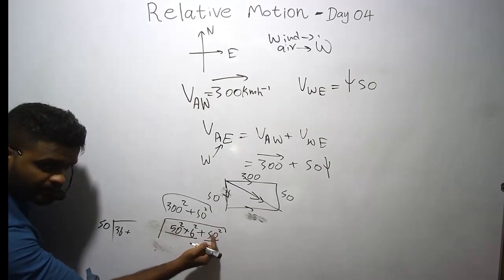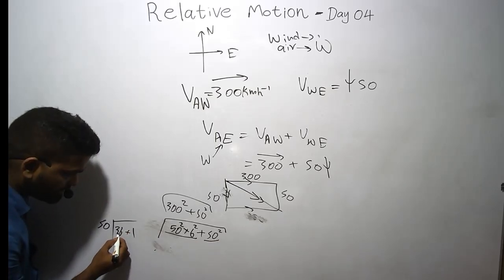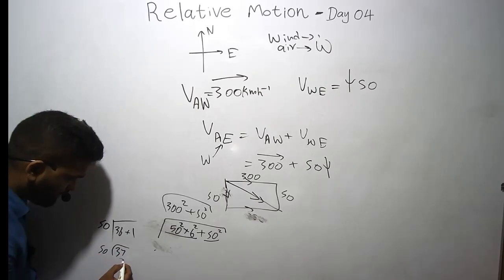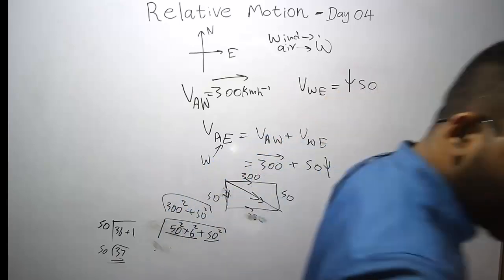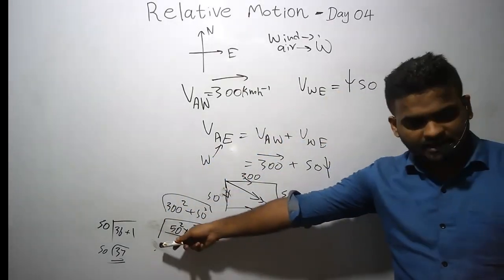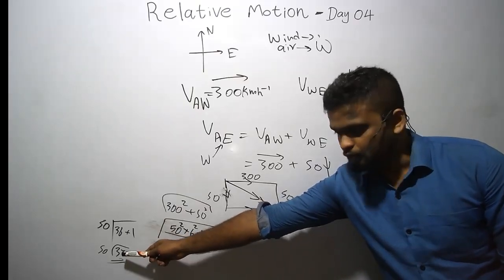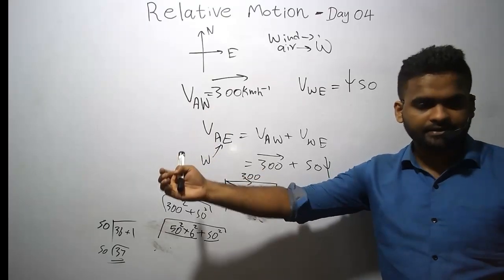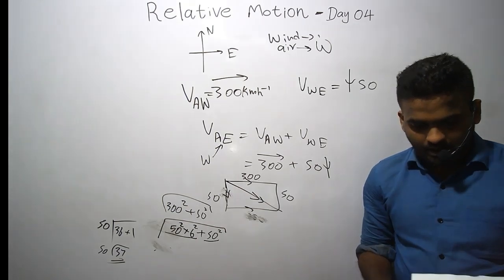Then this 50 squared you took out, remains 1. So 36 plus 1 is 37. Understood? Okay. So you don't have to find root 37. You know root 37 should be slightly larger than 6, right? So the answer should be 304.